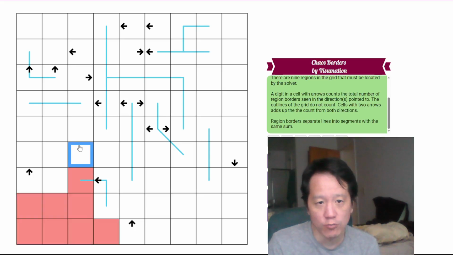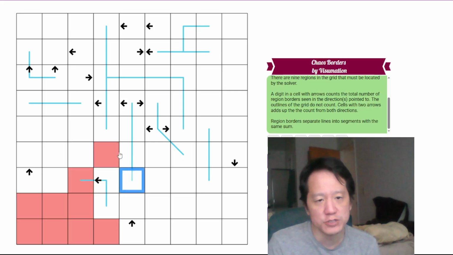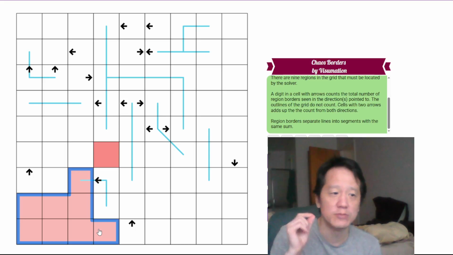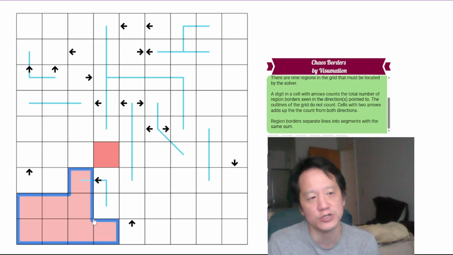This would not work as a region because you can't go through this cell to any other cell in the region. It has to be able to go through to every other cell in the region through edges and still stay in the region. I wish there was a better way of putting this that would be easy to grok, but I'm not sure if there is. Anyways, that's chaos construction rules.